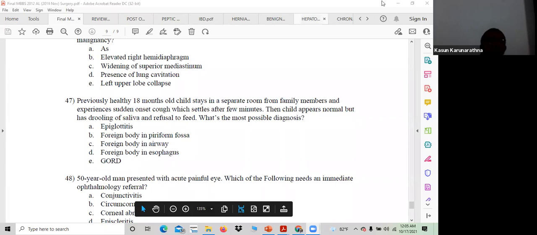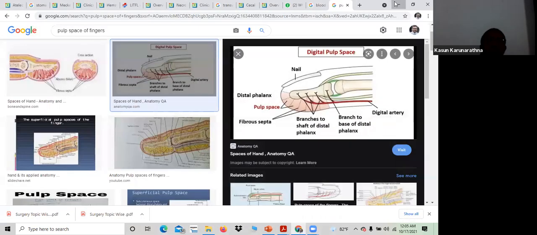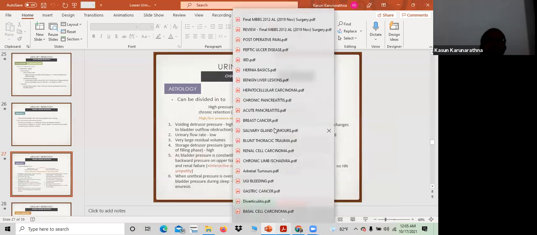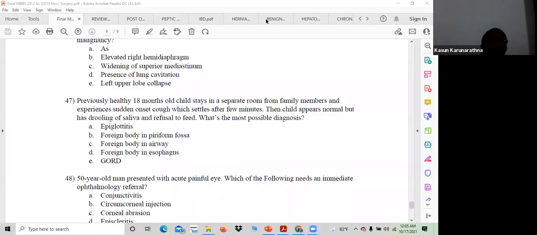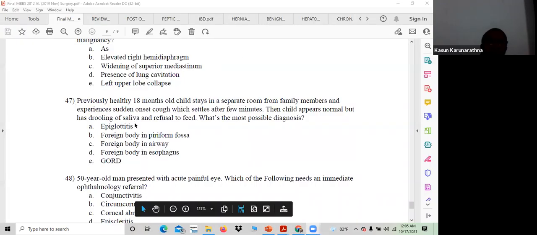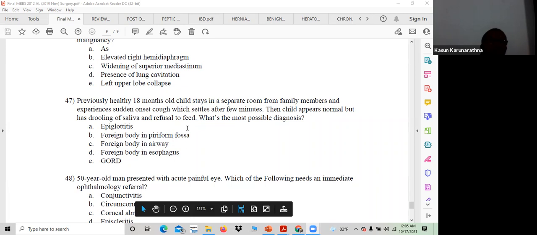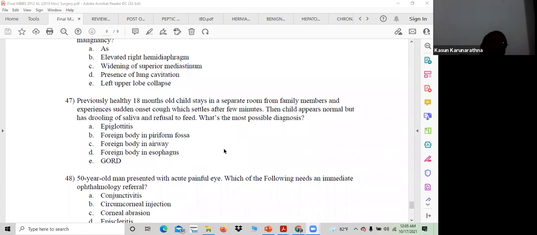Why D? Yes, there's no respiratory distress. The problem is whether it is a foreign body in the piriform fossa or a foreign body in the esophagus, right? In the piriform fossa, this drooling of saliva and refusal to feed is common when there's a foreign body in the esophagus, right?